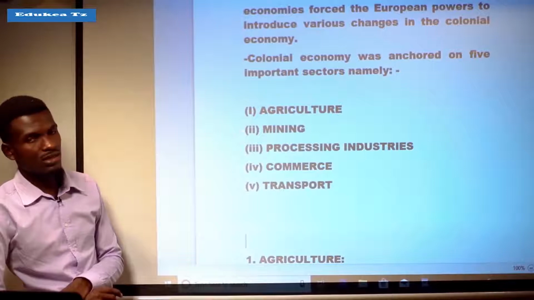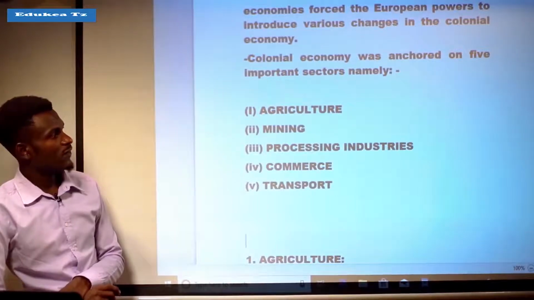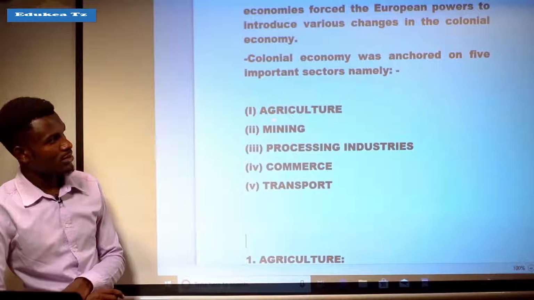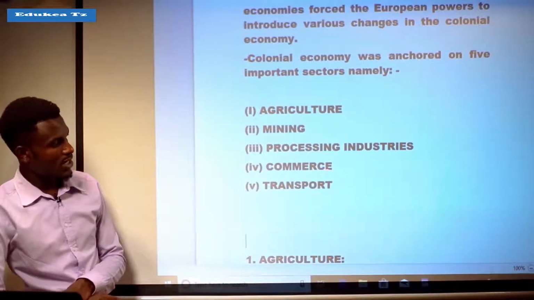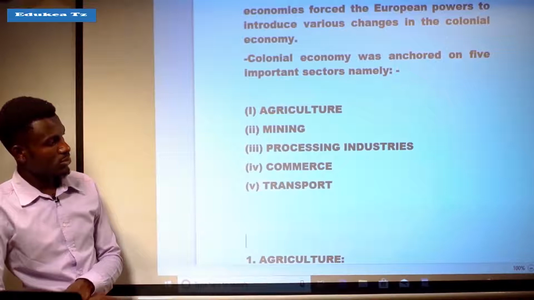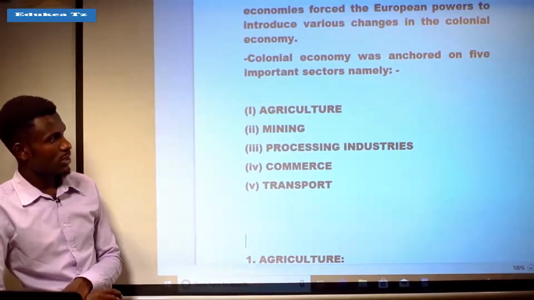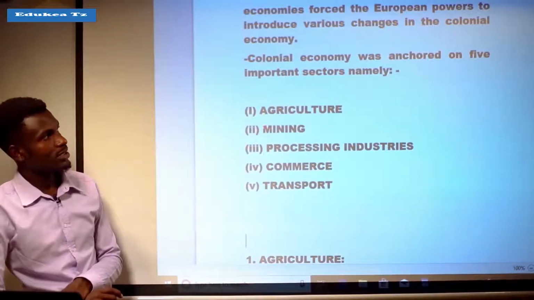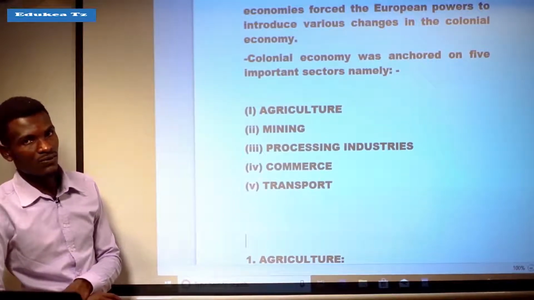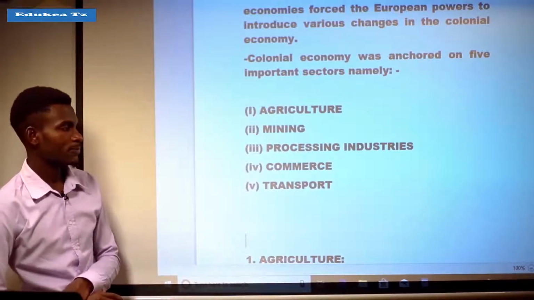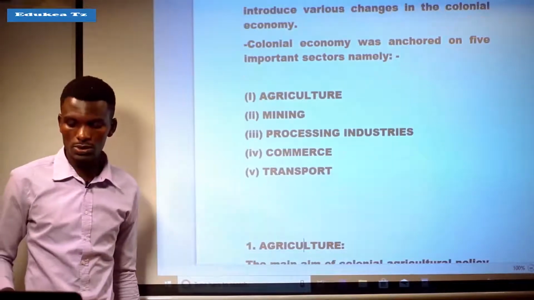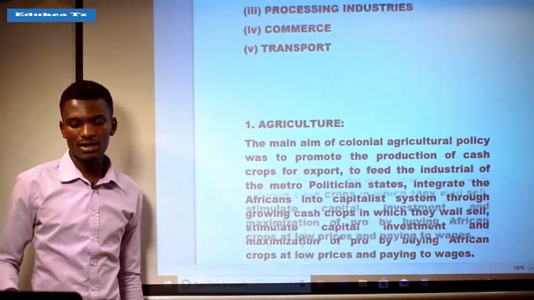So you can see the main changes were done in these sectors: agriculture, mining, industry, commerce or trade, and the transport sector. These were the areas which were touched after the effect of the Second World War hit the European powers. So we are going to see one after another.